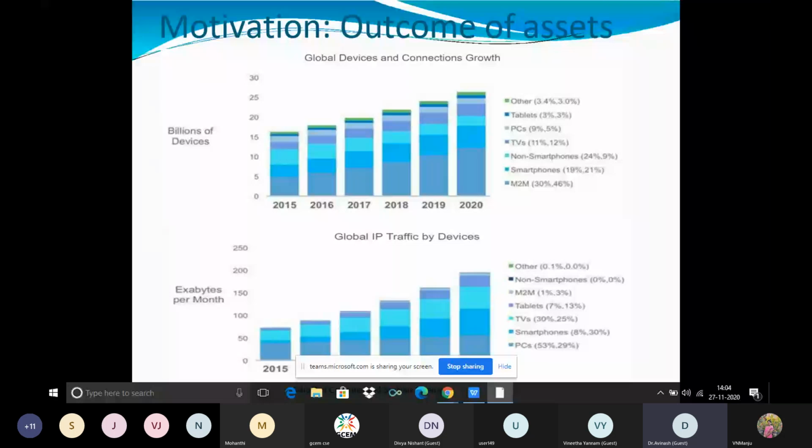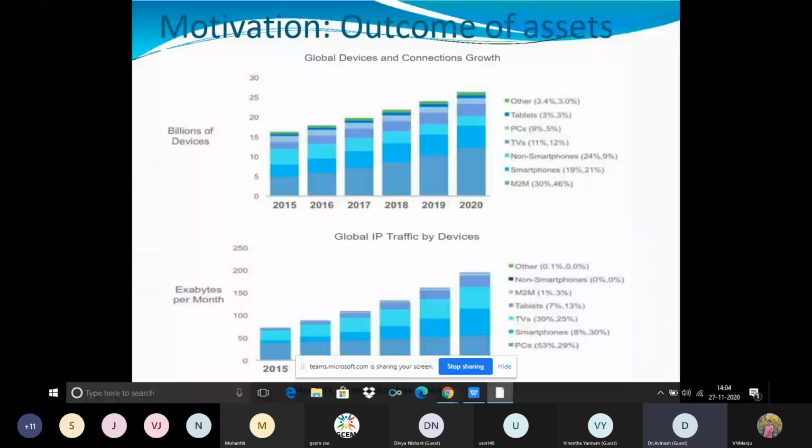With devices such as smartphones, the connections are going from 19% to 21%. Non-smartphones also exist, but the ratio has gone down: initially it was 24% and now it has gone to 9%.